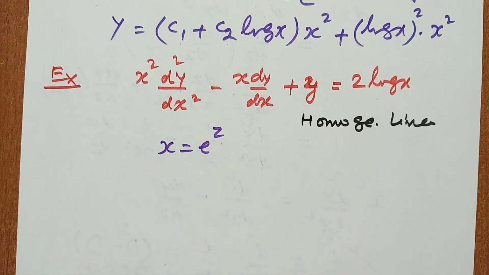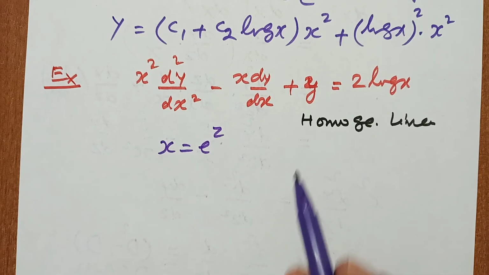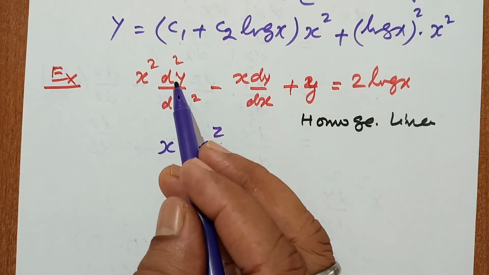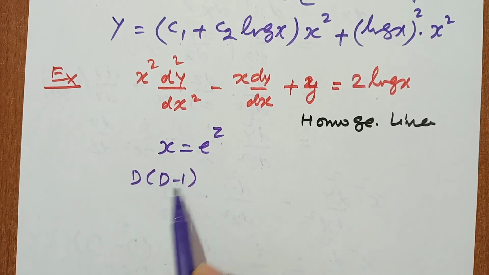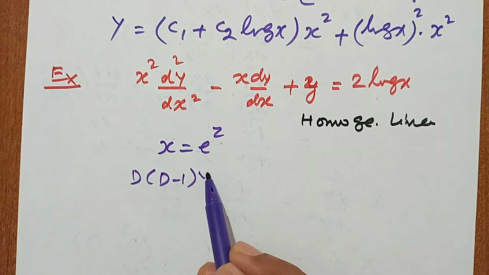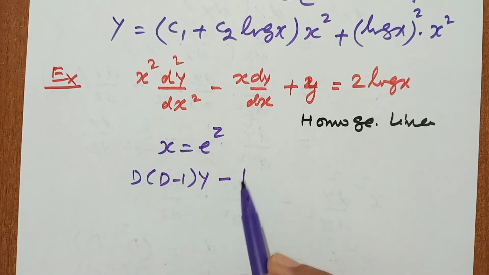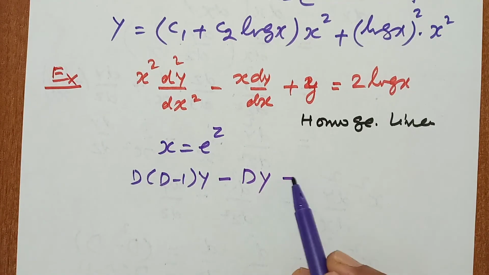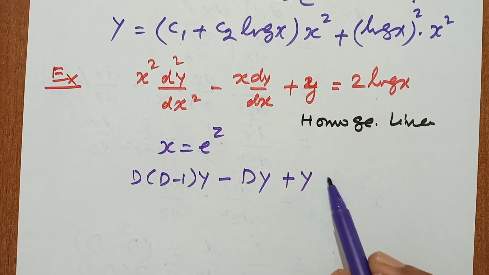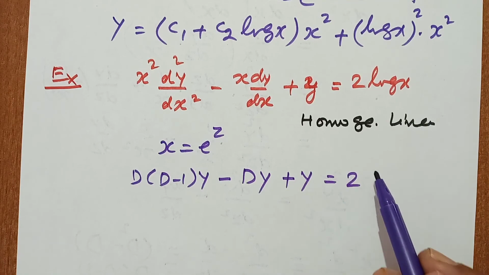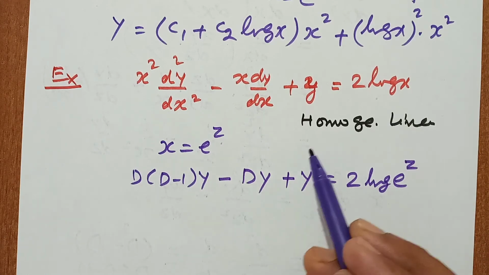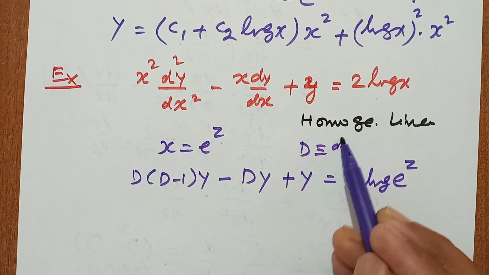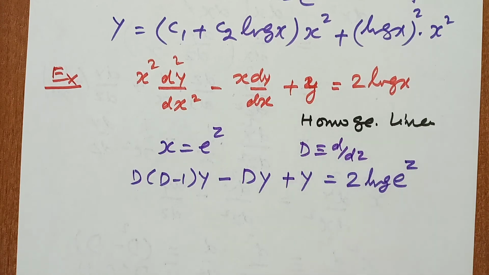As we know, for this case x square d2y upon dx2 is equal to D(D minus 1), minus x dy by dx is minus D, plus y is equal to 2 log x, with x equal to e to the power z, and here D is nothing but d over dz.